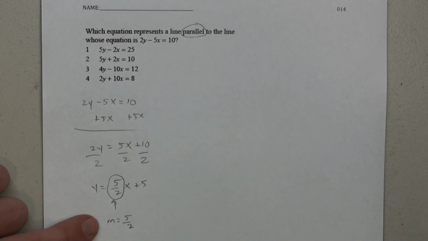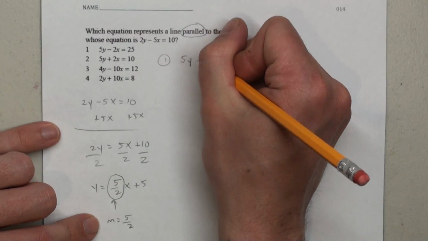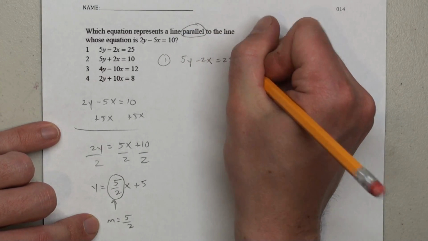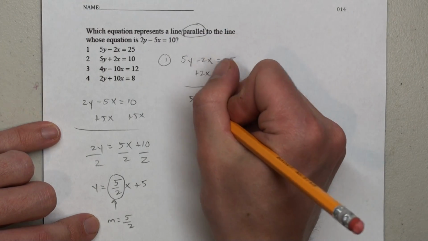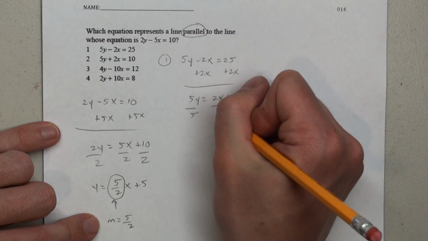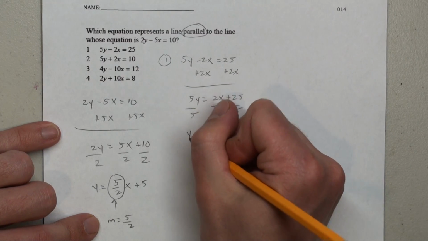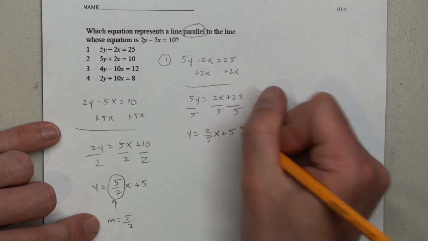So I'm looking for something that has a slope of 5/2. So I'll take number 1. 5y minus 2x equals 25. Add 2x to both sides. 5y equals 2x plus 25. Divide by 5. Y equals 2/5 x plus 5.